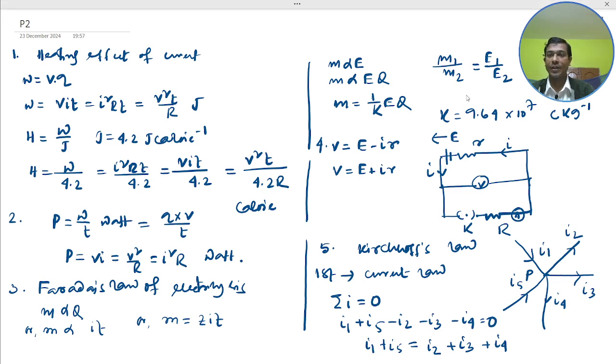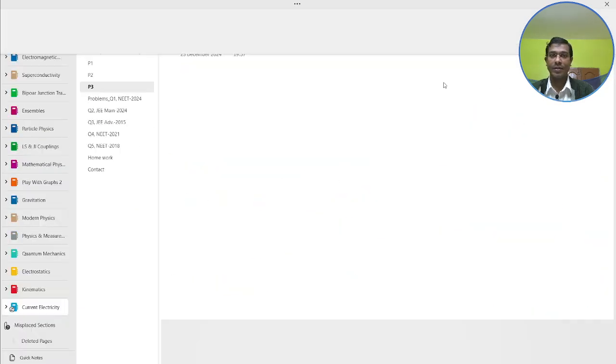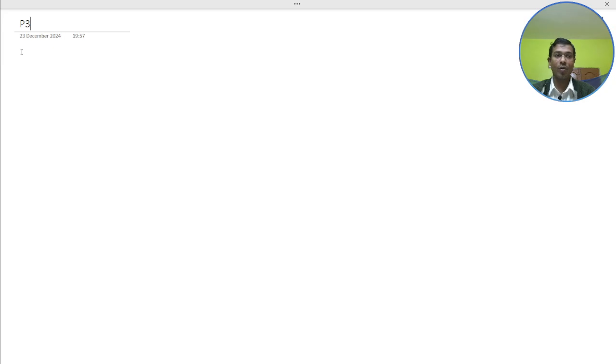Go ahead, our third topic. Basically, the second law is the loop law.